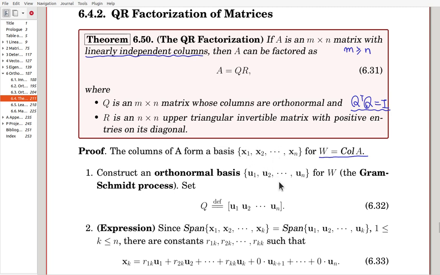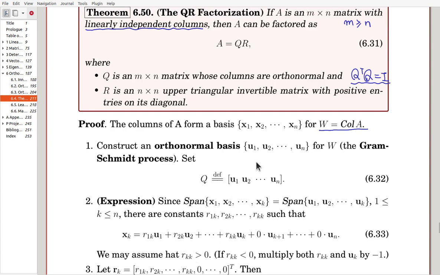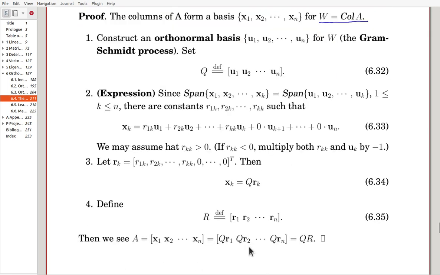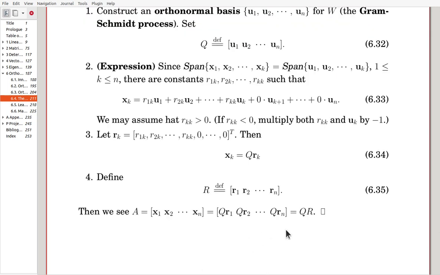Now from that, we can get an orthonormal basis by using the Gram-Schmidt process, and we'll collect them as Q. And now here, each column of A will be projected along with that basis. Then we can make such an expression, and from this expression, we'll try to collect Q and R. So that's the basic idea, and we can get QR.